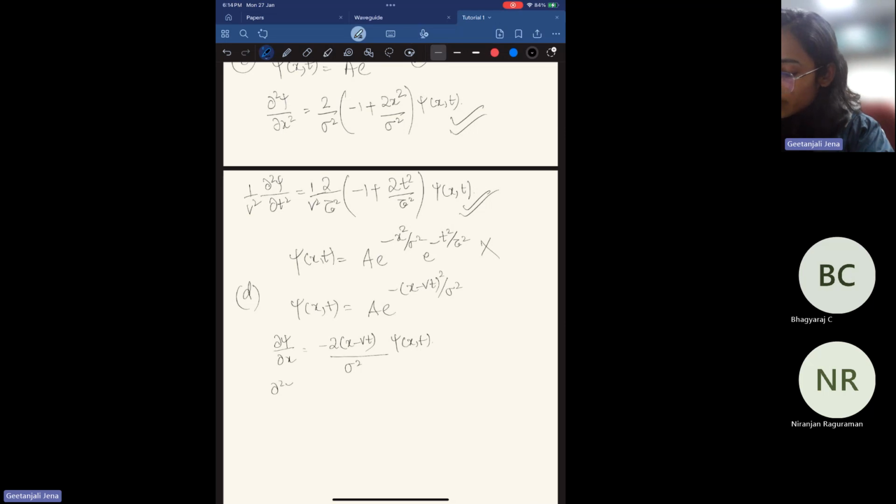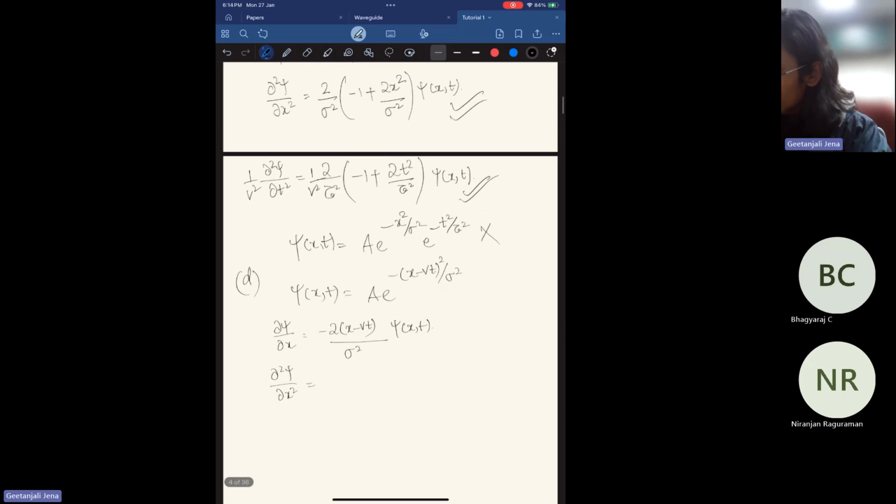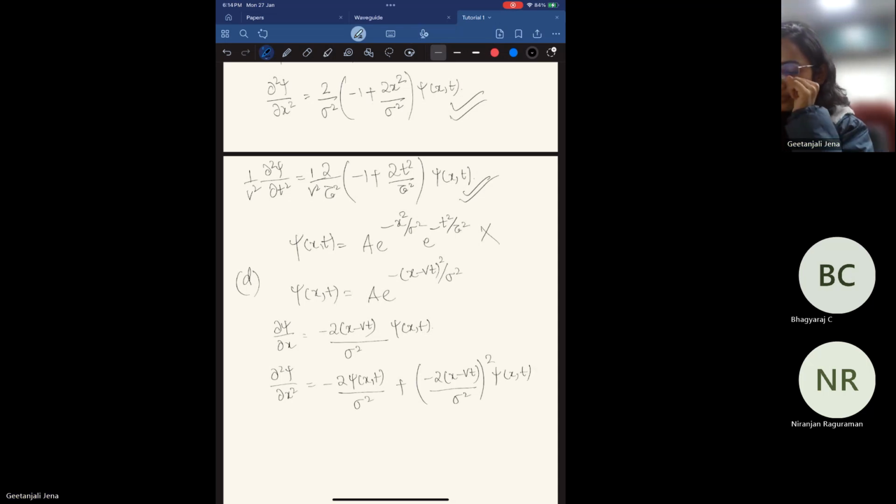And if you take the next derivative, the double derivative, it will be minus 2 psi of x,t by sigma square plus minus 2 x minus vt by sigma square whole square psi of x,t. So this is the LHS side.